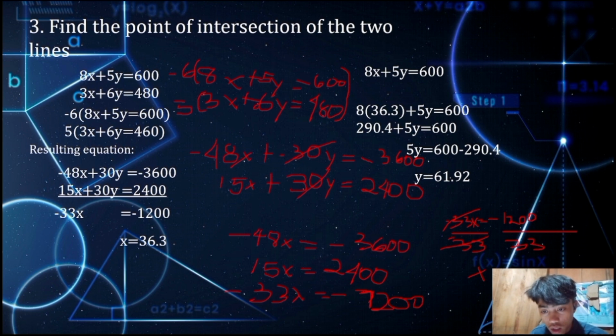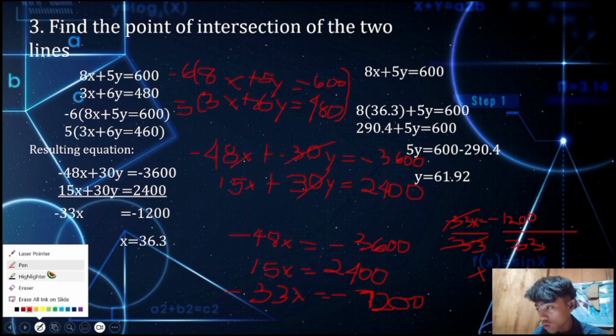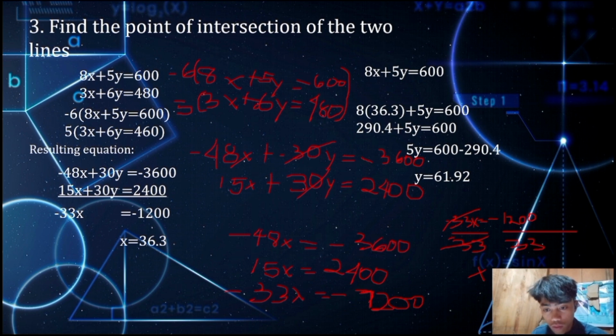So, x equals to 36.3. Ito yung sagot natin sa 8x plus 5y equals to 600 and 3x plus 6y equals to 480.